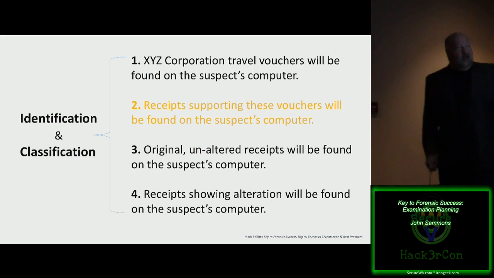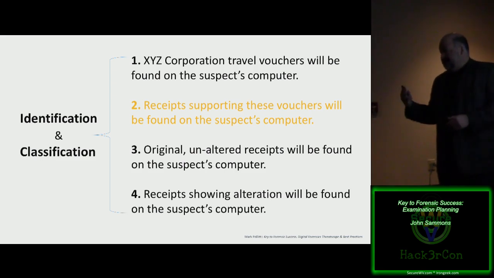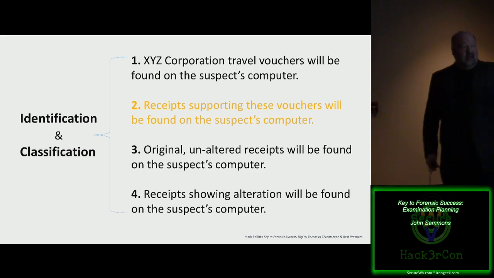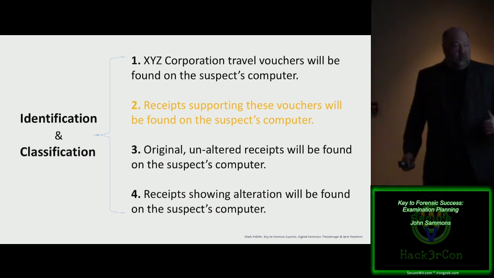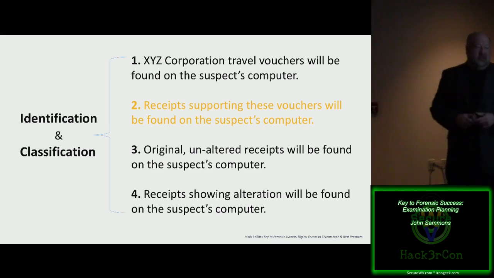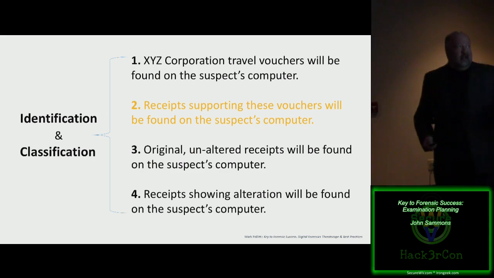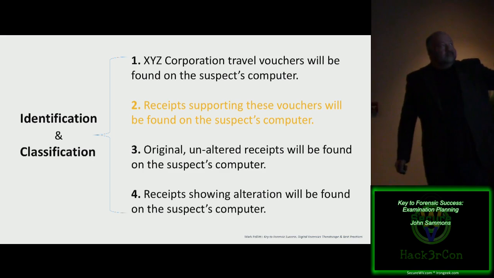Check. Receipts supporting those vouchers are going to be found on that suspect's computer. That's either true or not true, right? Original unaltered receipts are going to be found on that computer, true or not true. Receipts showing alteration are going to be found on that computer, true or not true, right? So these are the identification and classification kind of questions, if you will.